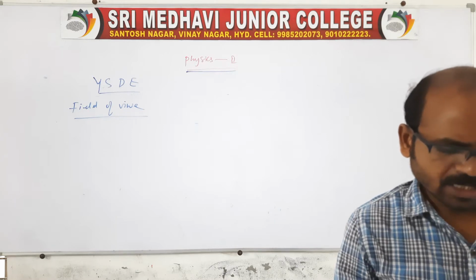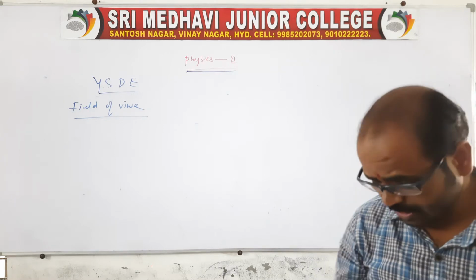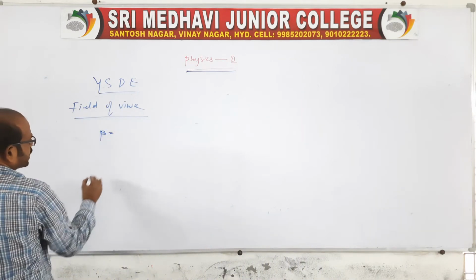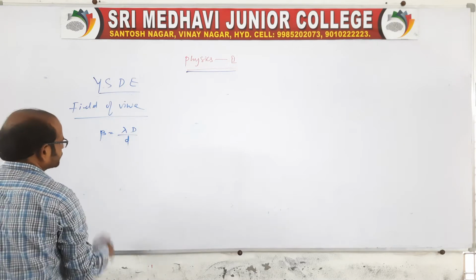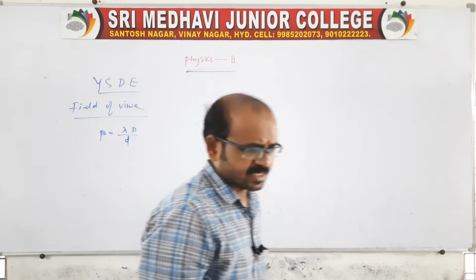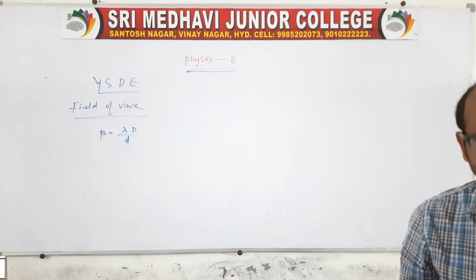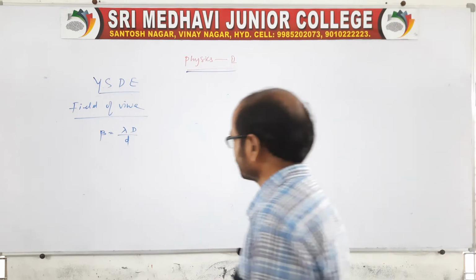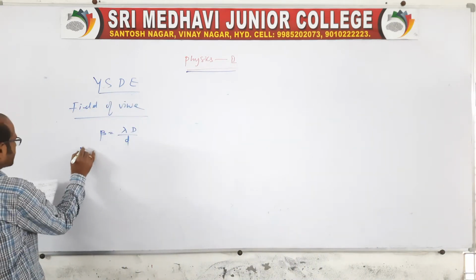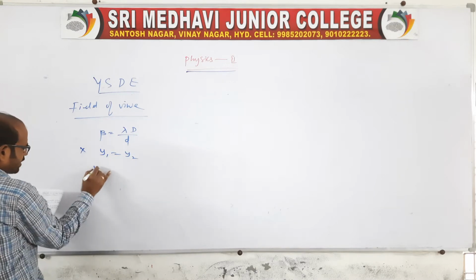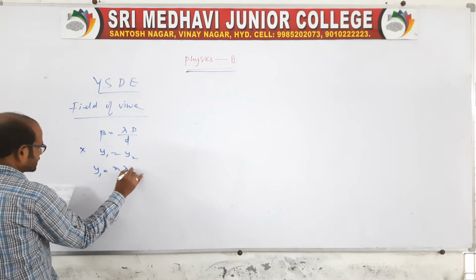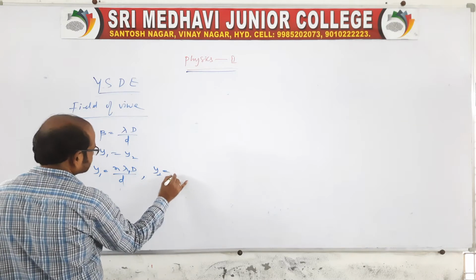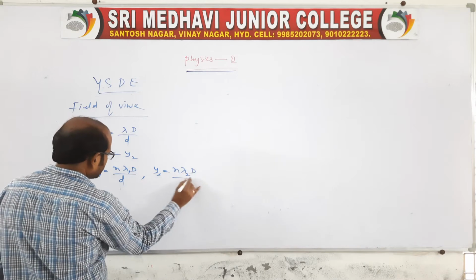It is formed in monochromatic light. So if you take two wavelengths of light, for either one the fringe width beta is equal to lambda capital D by small d. Suppose we know the distances also, if I take the bright condition or the dark one, no problem. So for dark, y1 is equal to y2. y1 is n lambda 1 capital D by small d, and y2 is n lambda 2 capital D by small d. If the distances are equal for different wavelengths of light, lambda 1 is one wavelength and lambda 2 is another wavelength, and the fringes are formed at the same place, then we take n1 lambda 1 D by small d equal to n2 lambda 2 D by small d.